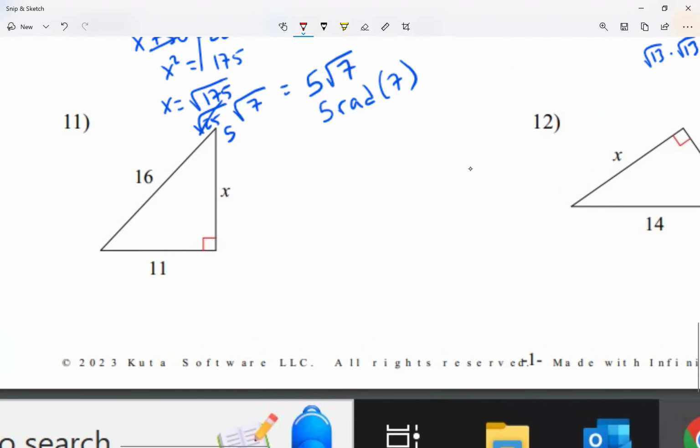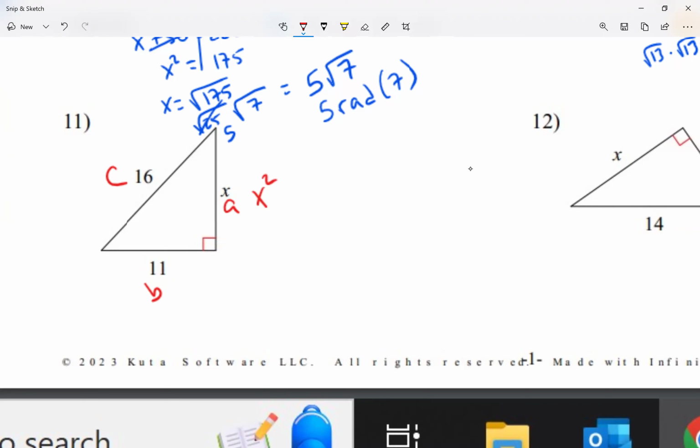The biggest side, the side that is diagonal, that's my C. The other side, one of them is called A, the other one's called B. Let me square all my sides. So looking at A, x times x, it's gonna give me x squared.